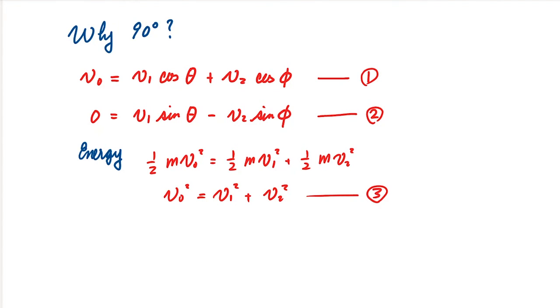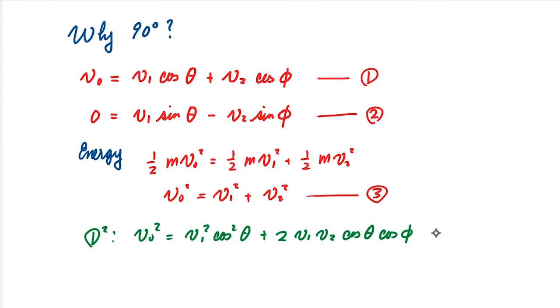Okay? Since you see squares here, I think we should square these things up, right? So let's do that. Equation 1 squared: you have v0 squared is equal to v1 squared cosine squared theta plus 2 v1 v2 cosine theta cosine phi plus v2 squared cosine squared phi.